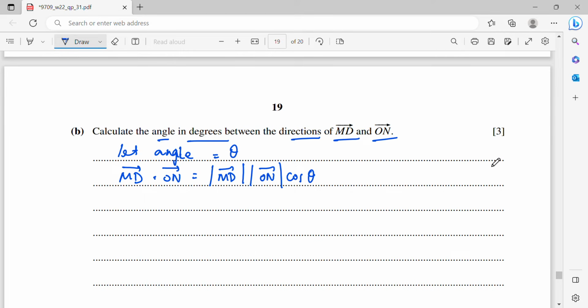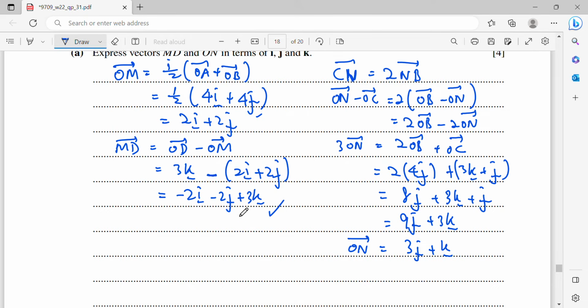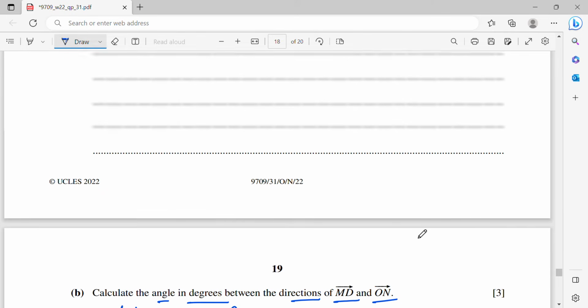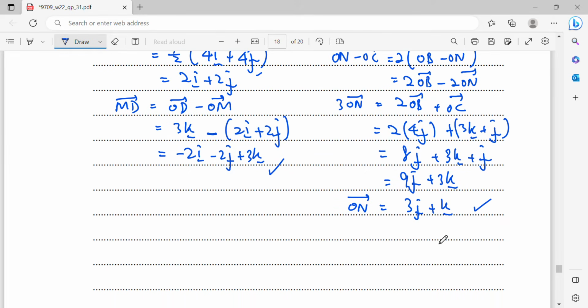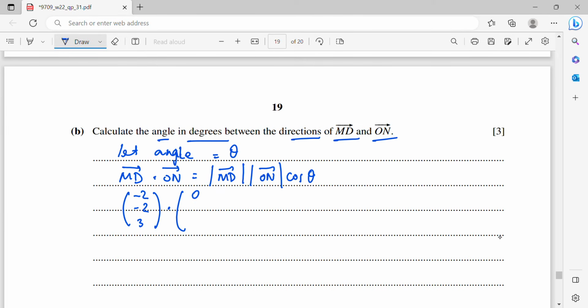So the MD is minus 2I minus 2J plus 3K. So I will write vertically minus 2I minus 2J plus 3K dot ON. Your ON is 3J plus K. That means it will be 0I plus 3J plus 1K.